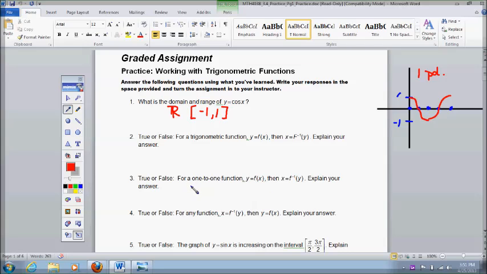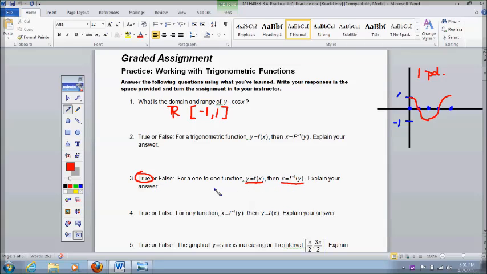One-to-one means that the function is a function, and its inverse is a function as well. So if a function is a function and that function's inverse is a function, then it is one-to-one. So if y is a function of x, right here, then x is a function of y. It's one-to-one. The answer is yes, it is true, because of what I just stated. Because the function is a function and its inverse is a function.